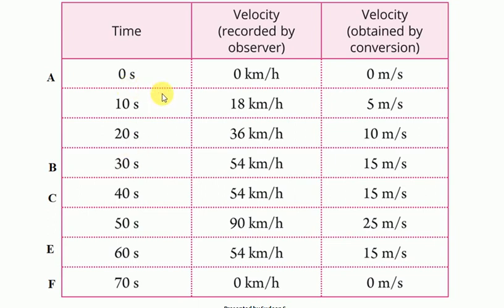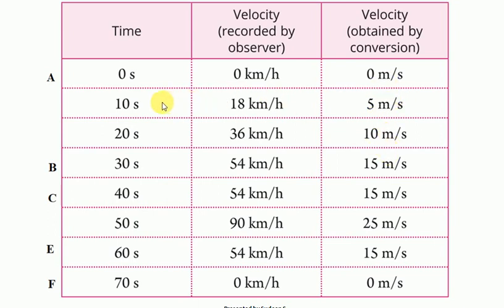As the definition stated, at equal intervals of time, if you observe, the difference in time is 10 seconds, and the change in velocity is also equal, that is 5 meters per second.